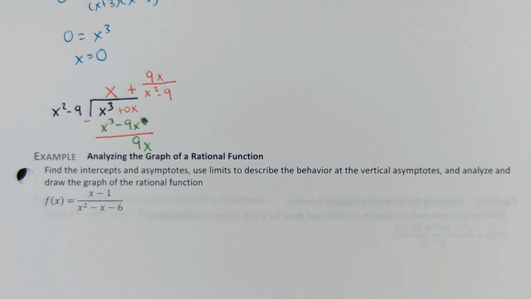What does it mean to be an end behavior asymptote? It means asking how the graph behaves when x is remarkably large. Okay?